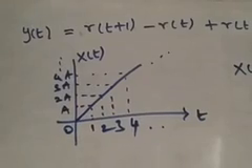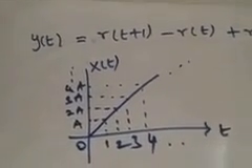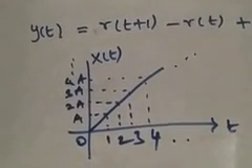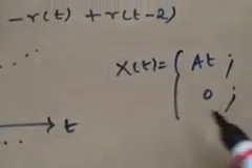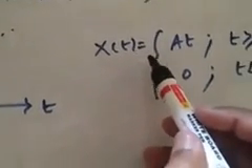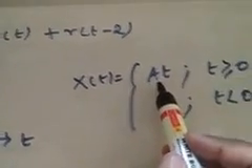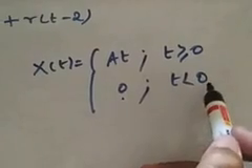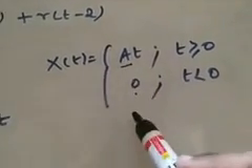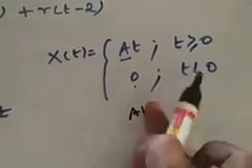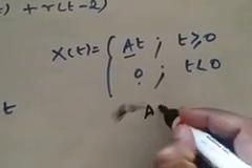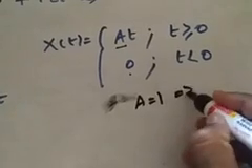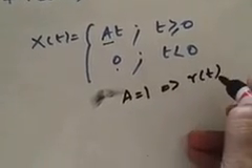Let's look at the general ramp signal with its syntax. x of t equals a t when t is greater than or equal to 0, and 0 when t is less than 0. When you put a equal to 1, it becomes the unit ramp signal with the symbol r of t.